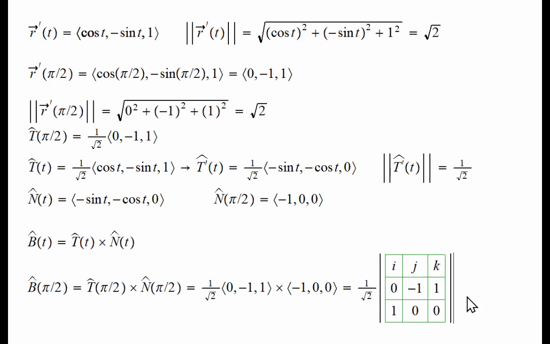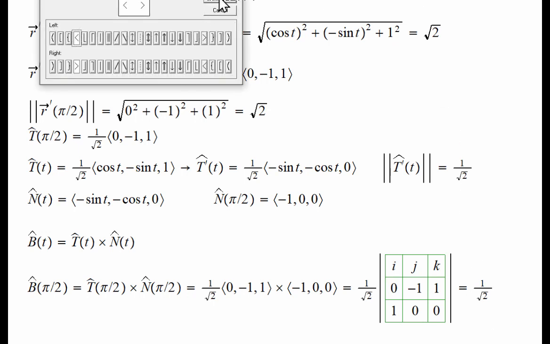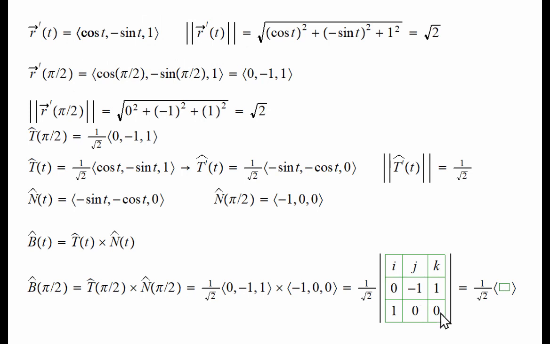So what shall we get out of it? We shall get simply 1 over square root of 2, and then let me write the other steps. Here you can see these two will multiply to 0, so we simply get 0, then comma, then we will have -1 because here we go in the reverse direction. When we go for k, 0 times 0 is 0, and this negative times -1 times 1 will be 1.